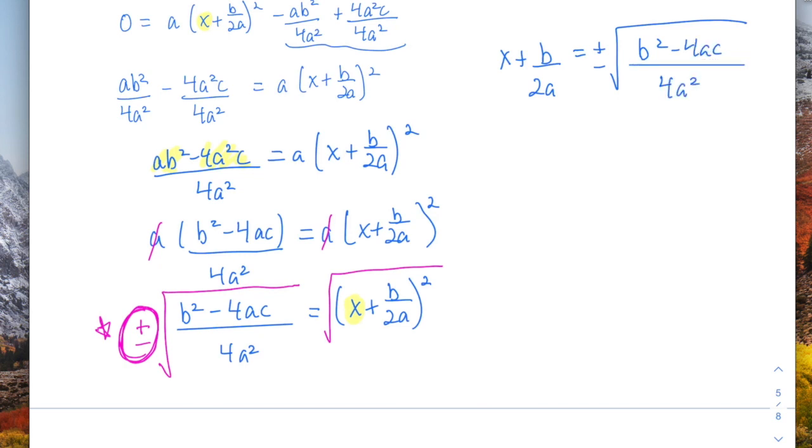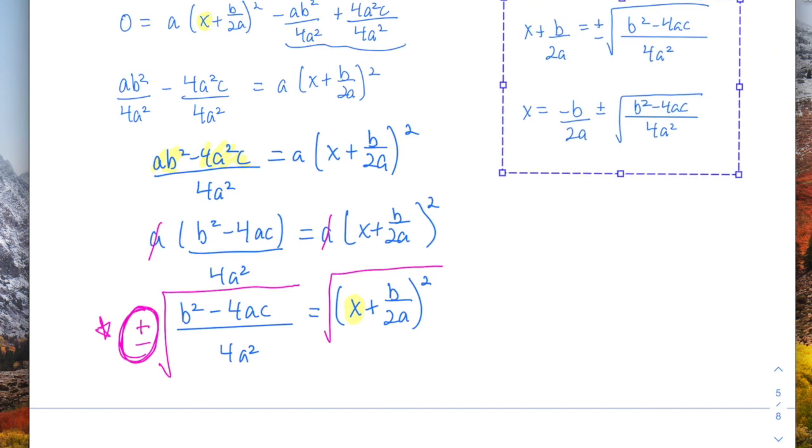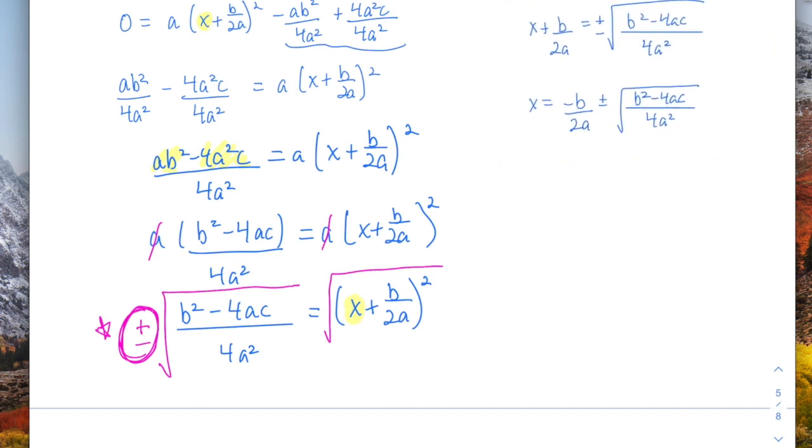We have one last step: we have to bring the b over 2a to the other side. Technically we're done, but we can simplify further.